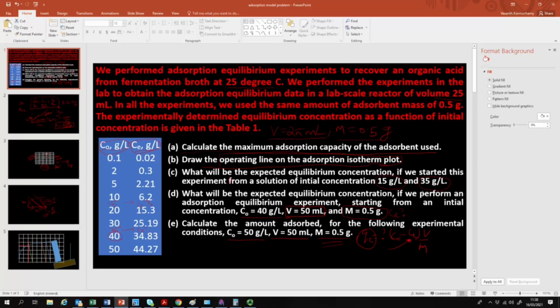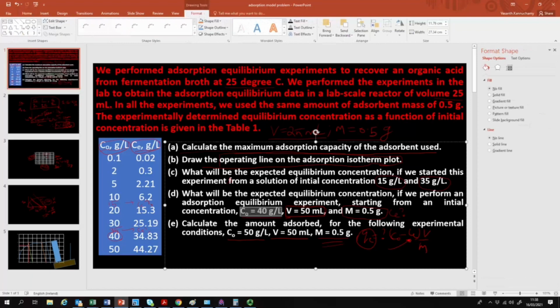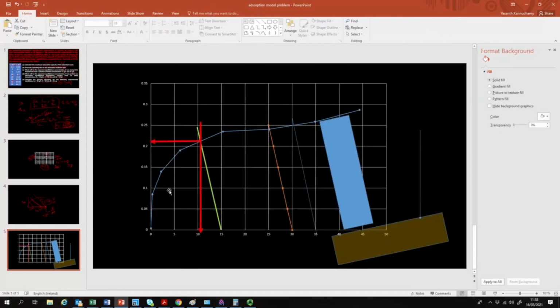What will be the expected equilibrium concentration if we perform an adsorption equilibrium experiment, starting from an initial concentration, say 40 grams per liter, and then a volume of 50 milliliters and mass of 0.5 grams. So we have this adsorption equilibrium data, but from this we have to calculate if we start from a different volume.